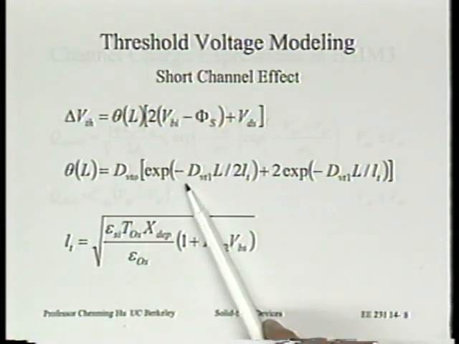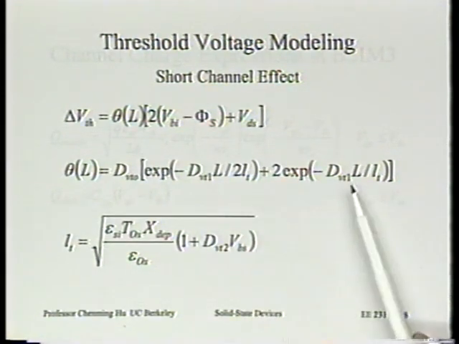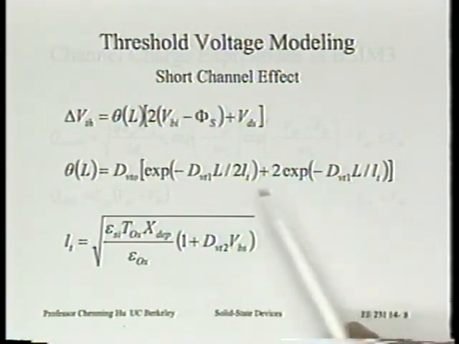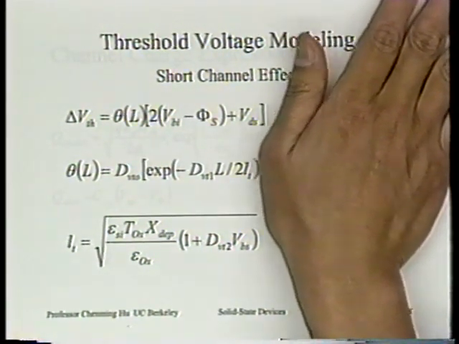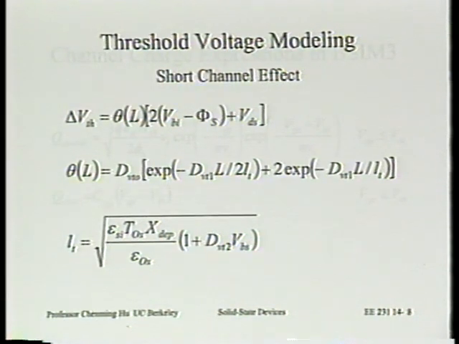Remember, it's a sum of two exponential terms. Is that right? Okay? I actually use both terms. I suggest you just think about one term for day-to-day thinking, remember? But the computer can handle two exponential terms without too much difficulty, so actually use both of them to get better accuracy. And this is for BSIM3.